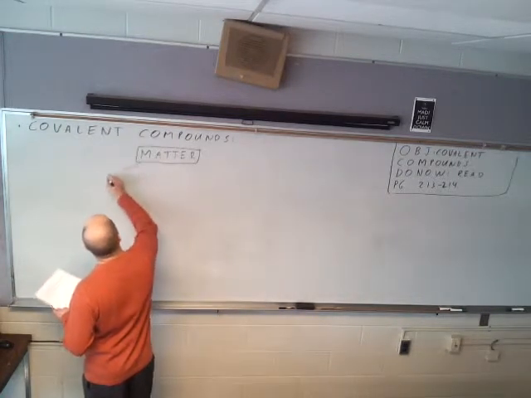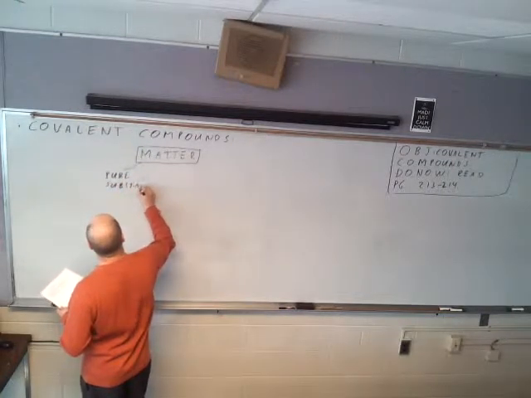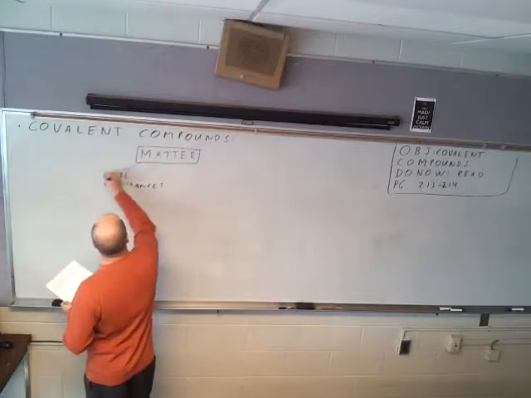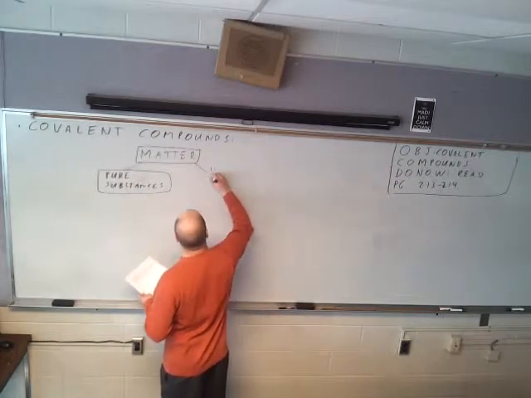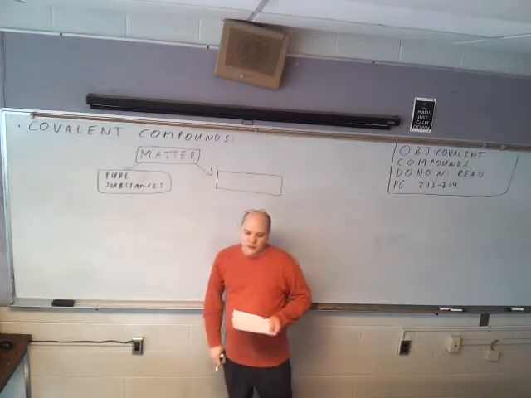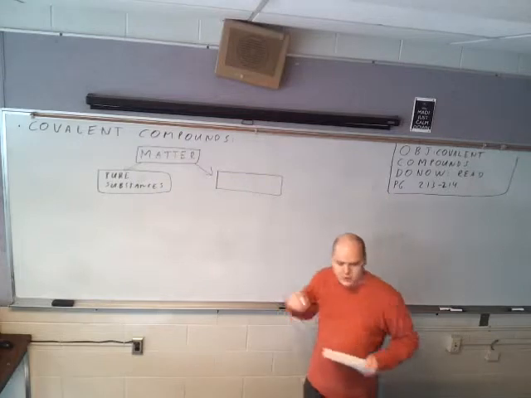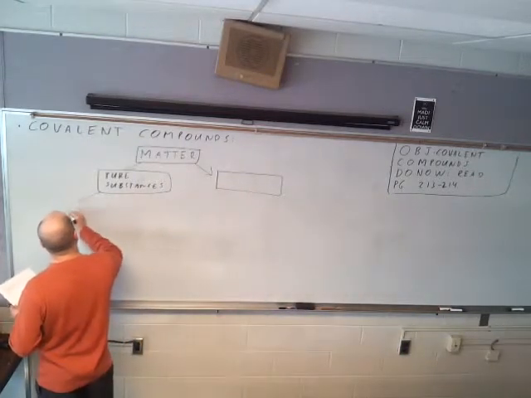One is pure substances. And then on the other side, we have some other category that we're still not going to get to yet. Pure substances are broken up into 2 categories. Elements.